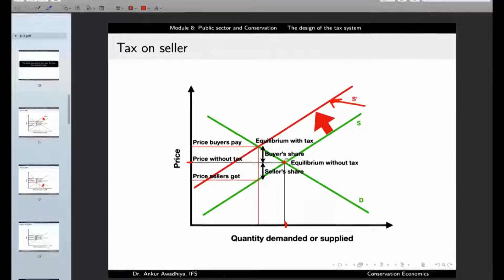Now, when the supply curve shifts to the left because of the tax, this is the new equilibrium. So this is the price that buyers have to pay to get the good. And because of this left shift, we also observe that there is a reduction in the quantity that is demanded or supplied.